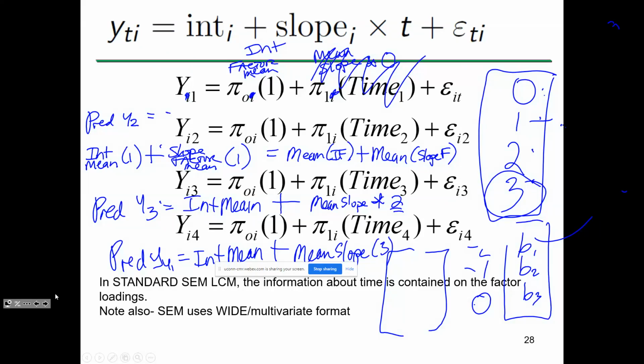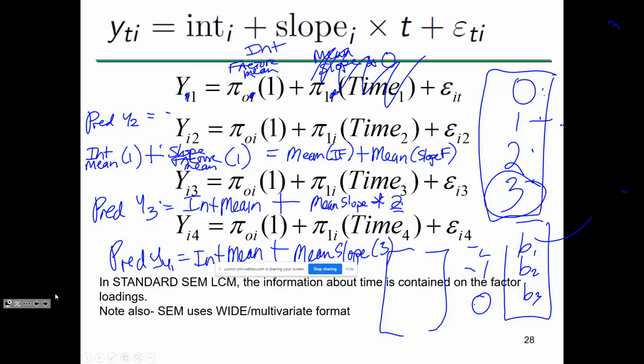And I said here, right, that 4 times 5 divided by 2 is 10. So I have 10 knowns. So for that model with 4 time points, I've got 10 minus 7 equals 3 degrees of freedom in the variance covariance part, right?